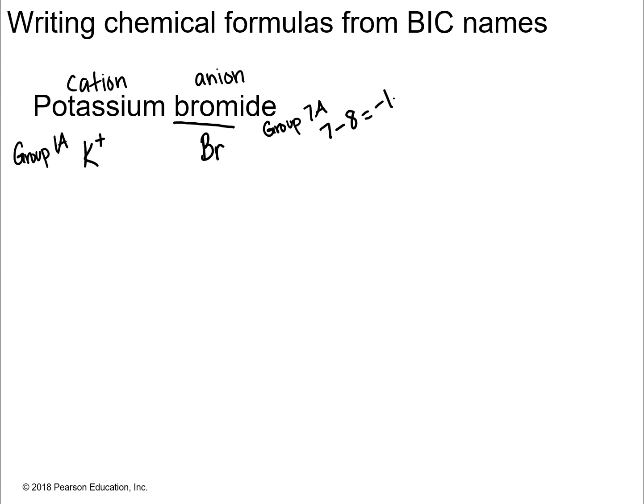In this case, we're doing 7 minus 8, which equals -1. So bromide has a negative charge, just -1. So if our potassium ion has a +1 charge and our bromide ion has a -1 charge, that means we're neutral. It all cancels out. So our formula is KBr.